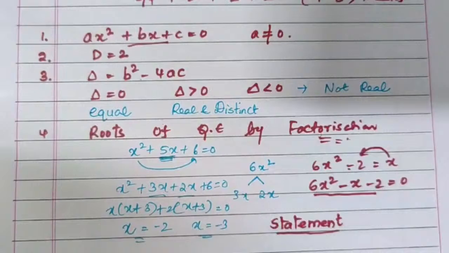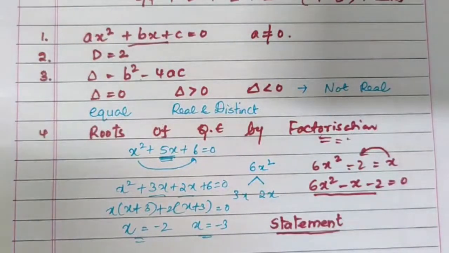Try to solve and learn all the examples and exercise questions from the textbook first. Then solve all the statement problems from the model papers, then go to previous year papers. If you solve all this, you can definitely score 3 out of 3 or 4 out of 4 marks. Very simple questions will be asked.